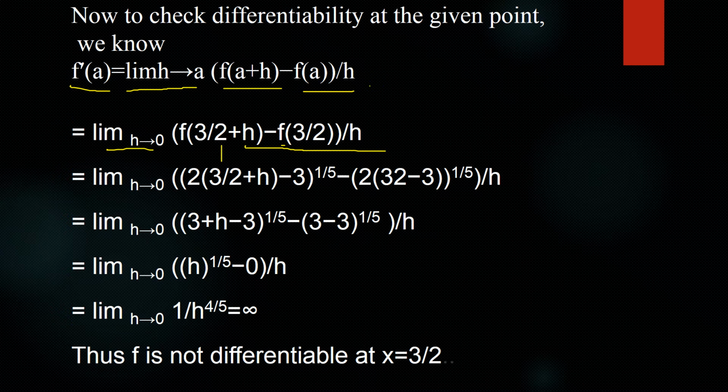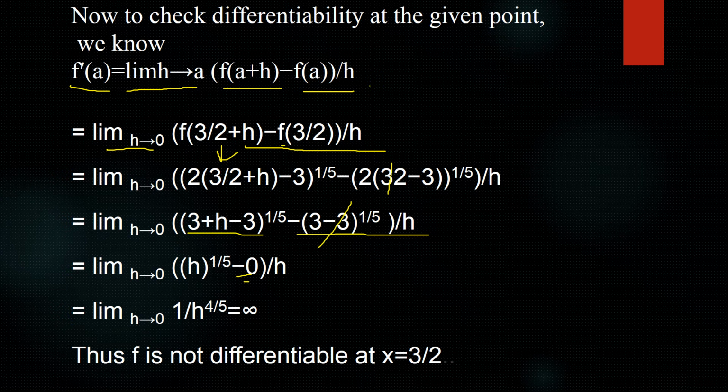After solving, we get (2 into 3 by 2 plus h minus 3) power 1 by 5 minus (2 into 3 by 2 minus 3) power 1 by 5. We get (3 plus h minus 3) power 1 by 5 and (3 minus 3) power 1 by 5. When we cut, we get 0, and here h power 1 by 5 upon h.